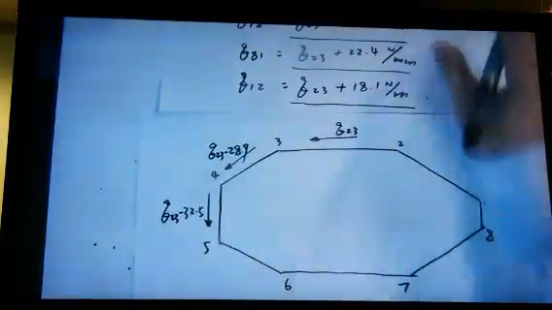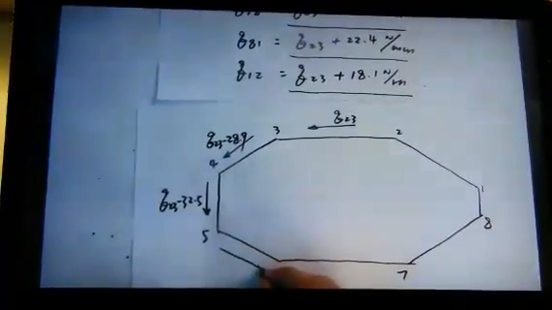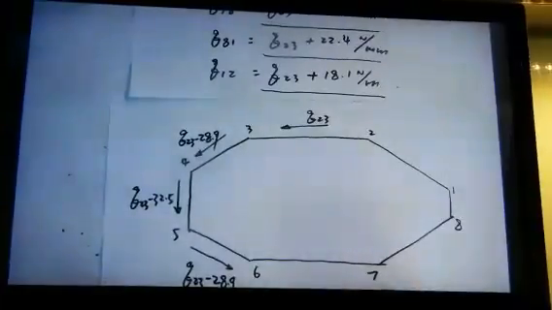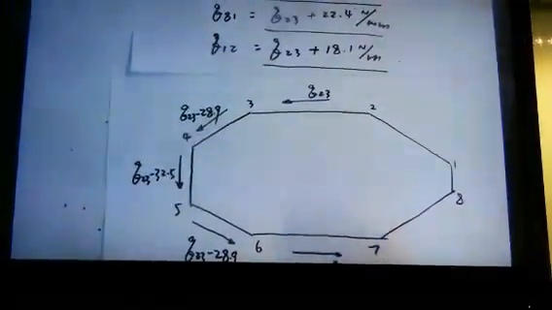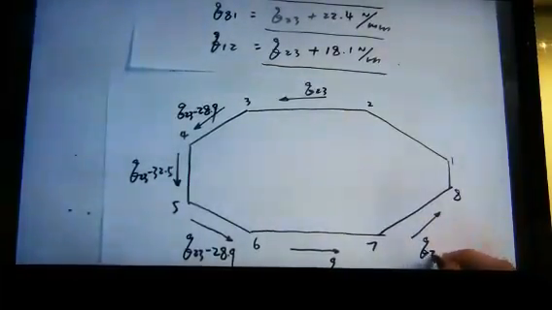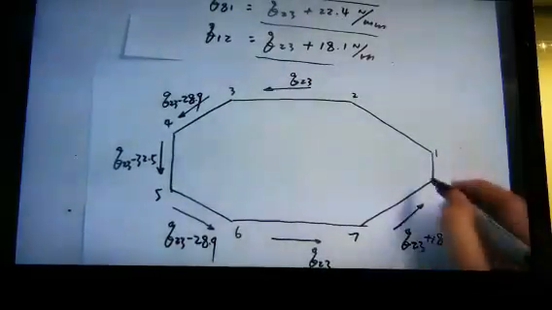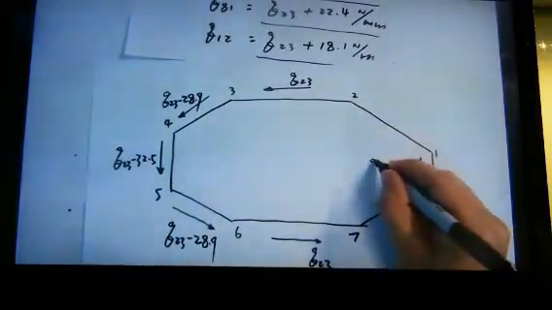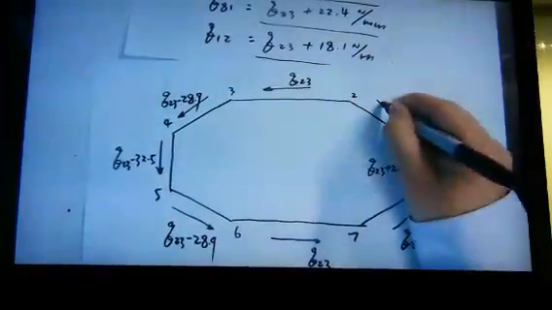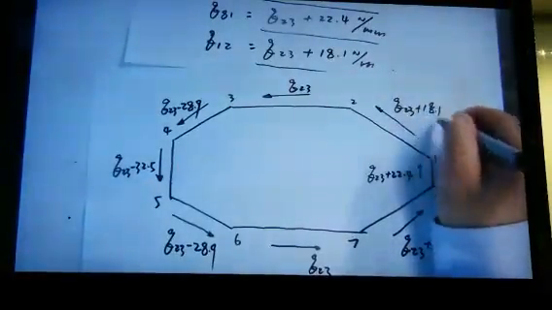I just use the result I have obtained and put it on the sketch. From here to here, Q23, and from here to here, Q23 plus 18, and from here to here plus 22, and from here to here, Q23 plus 18.